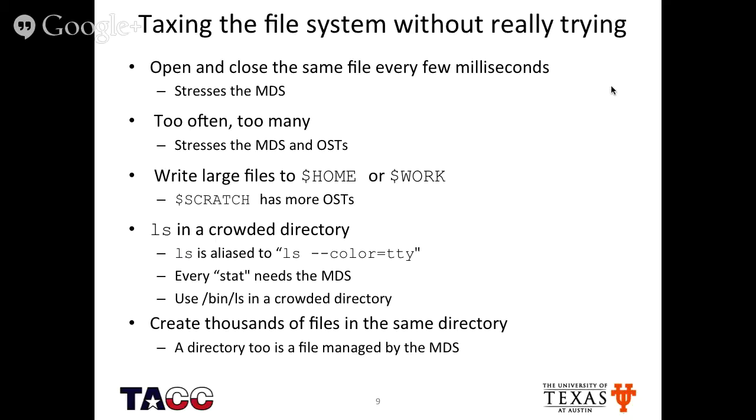So in a very crowded directory, we recommend that you use something like /bin/ls instead. Also, if you're trying to open and close too many small files in very few milliseconds, you're again stressing the MDS, because it's just one guy servicing all the requests. So too often, too many is bad.